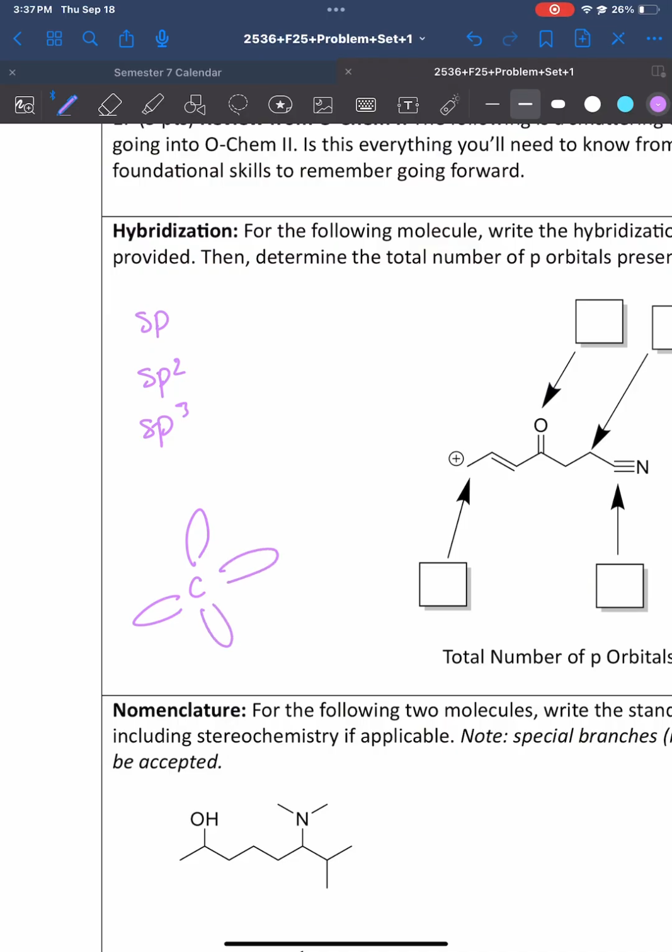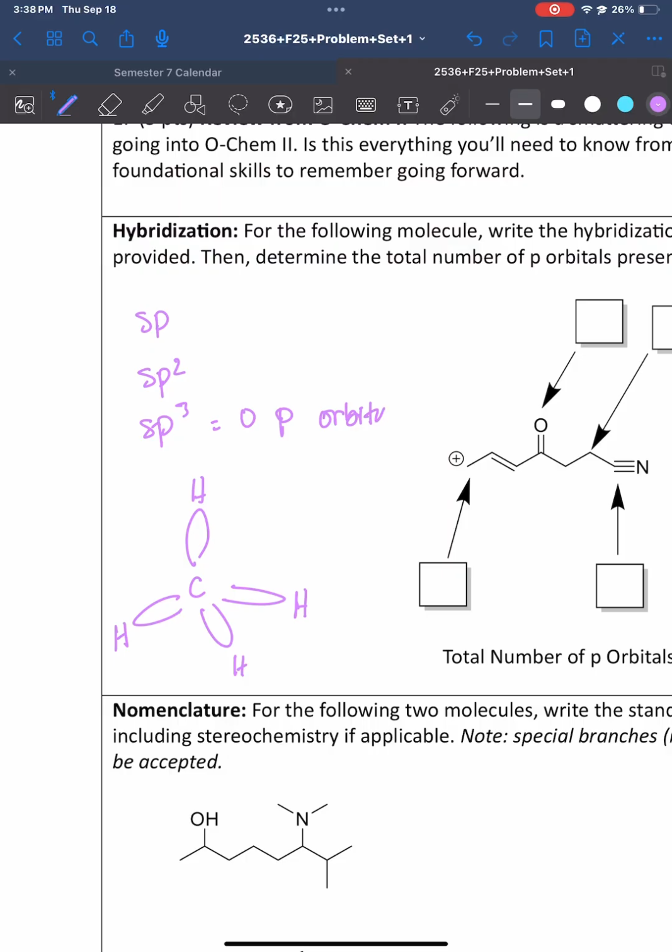This back one is going into the plane. So in this case, if this was all bonded to something, for example, these were all hydrogens, this is going to be sp3. These are all going to be sp3 hybrid orbitals, and in this case, there are no free p orbitals because every one of them is hybridized. So general rule of thumb, we're going to put here sp3, 0 p orbitals.